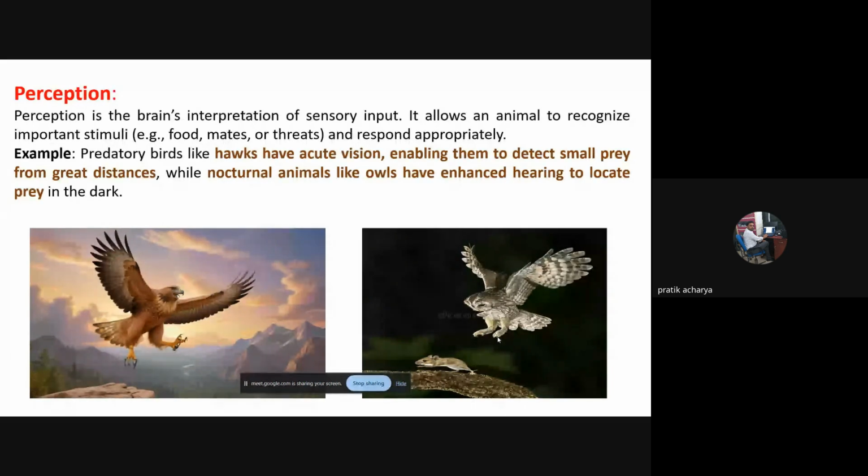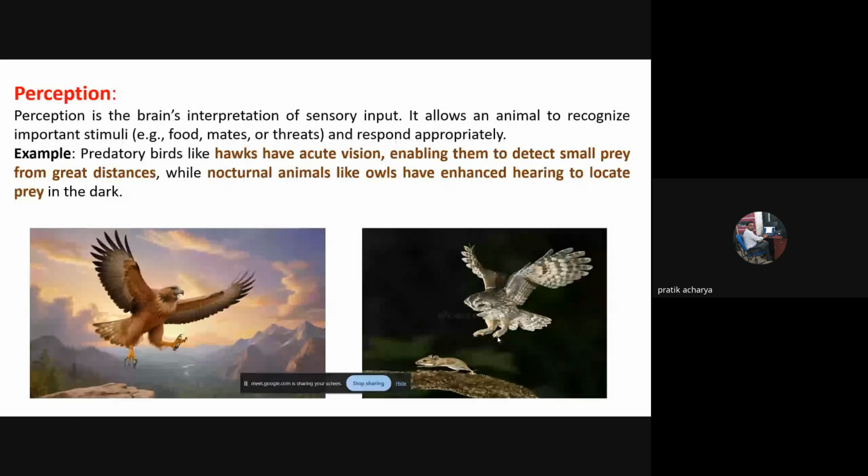In dark condition, actually everything is not visible clearly, but what does the owl do at that time? The owl tries to interpret the sound, what kind of sound is actually coming, whether this is the condition of trade or whether it is the condition of food.